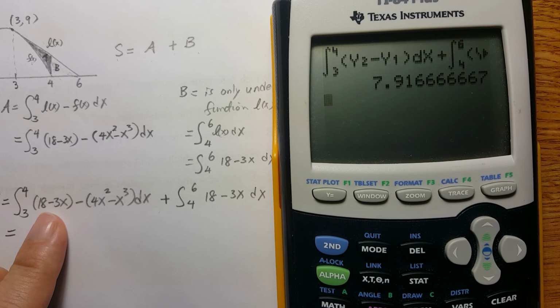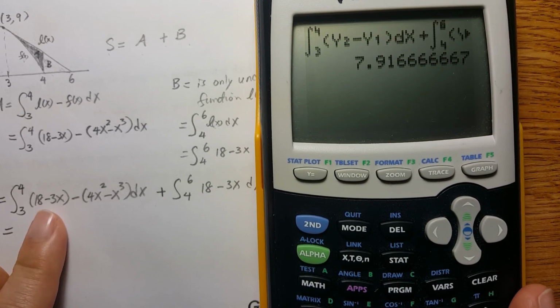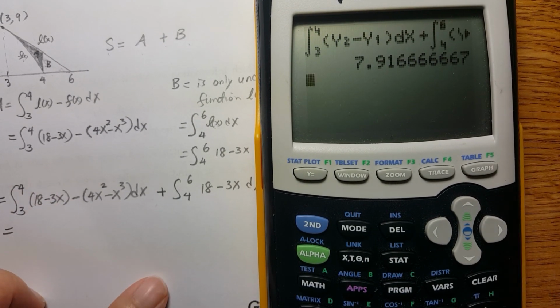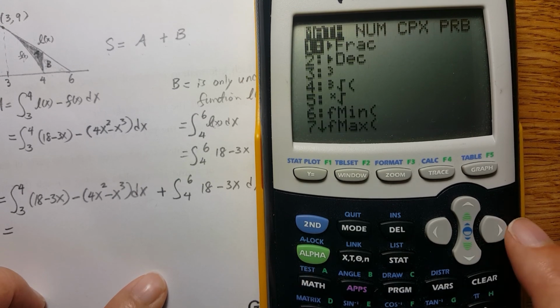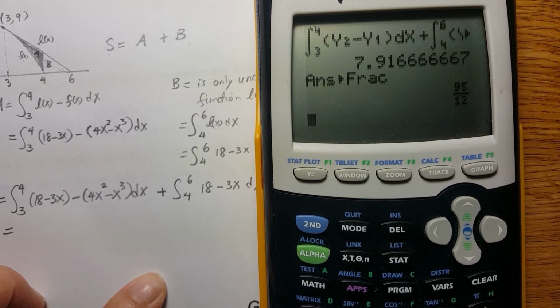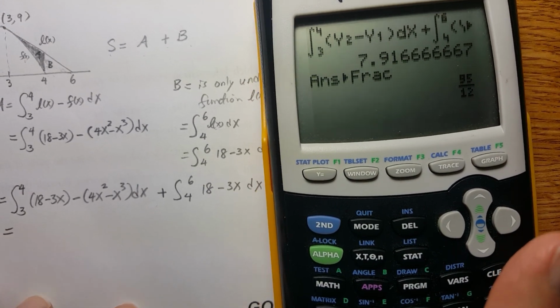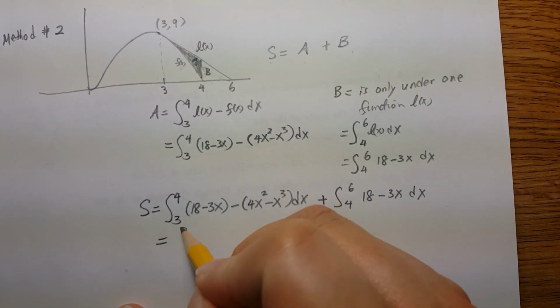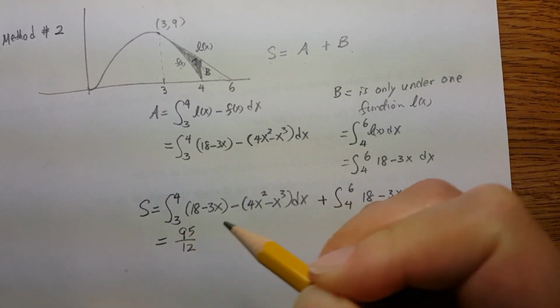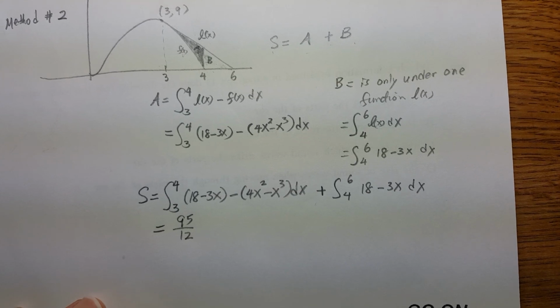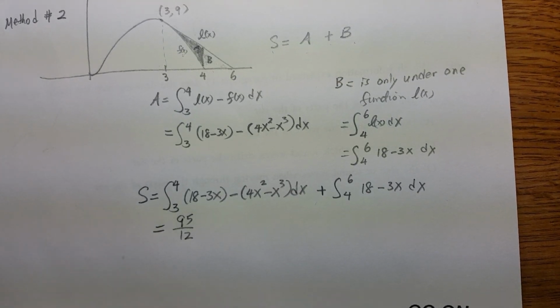So I get 7.9166667. That was the same decimal we got before. So we can do math frac and 95 over 12. So we found the area of the letter S also equal to 95 over 12 using the other method.